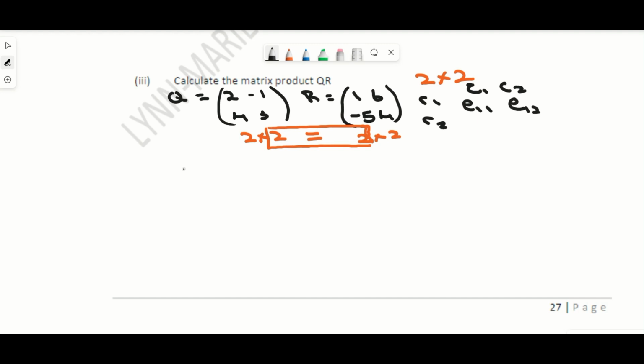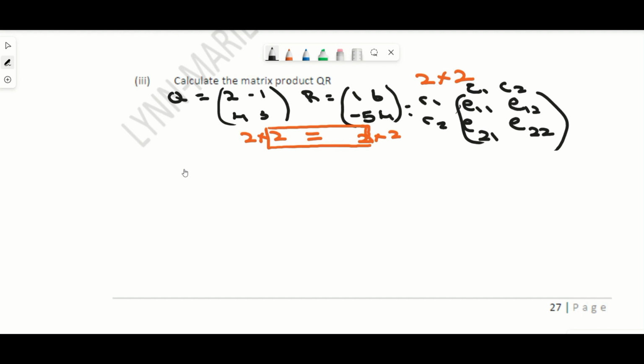This one would be row 2 by column 1, and this element would be row 2 by column 2, right? Well, not your answer. This is the form in which your answer will be in. You'll have 4 elements like this, 2 rows and 2 columns, right?